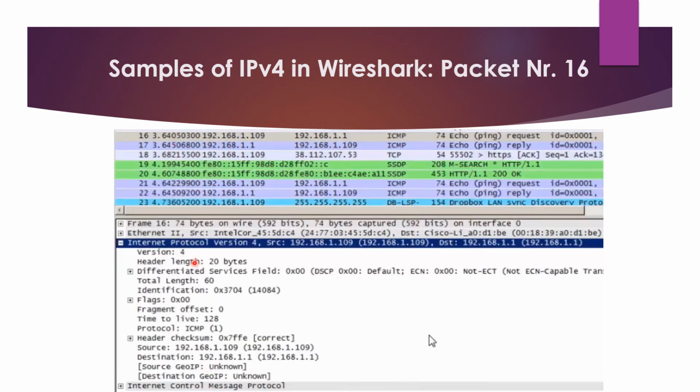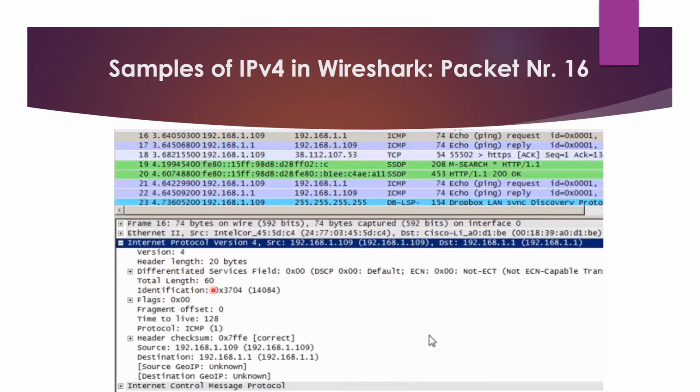If we go and analyze packet 16, we see that this packet is from the same source host and the same destination host, but it is an ICMP packet, which stands for echo, or a ping request packet. If we expand layer 3, we will see the Internet Protocol header with some differences, but the version and the header length are the same.